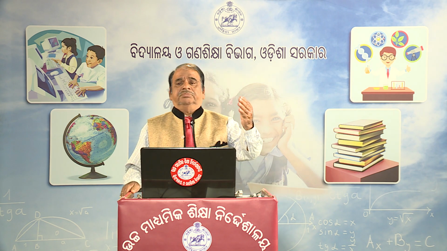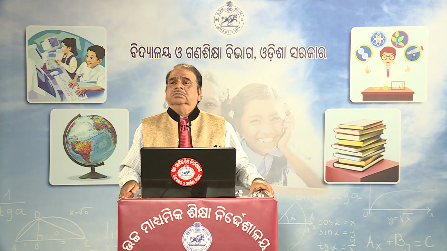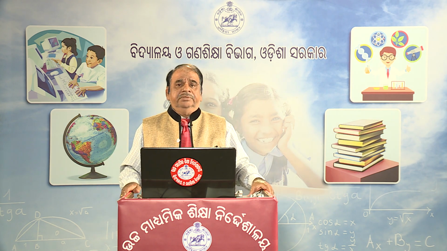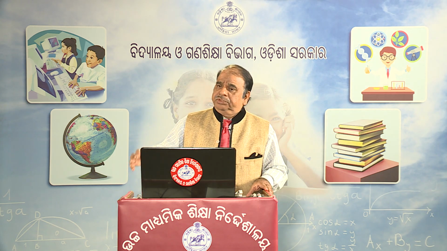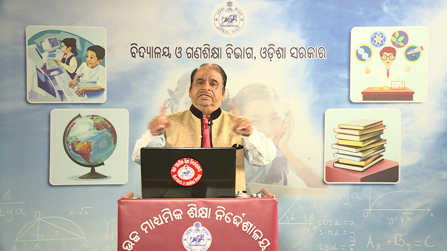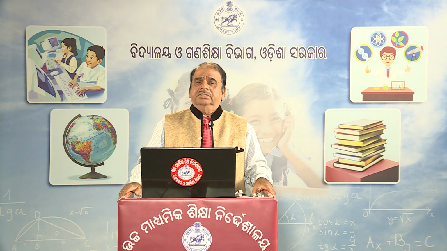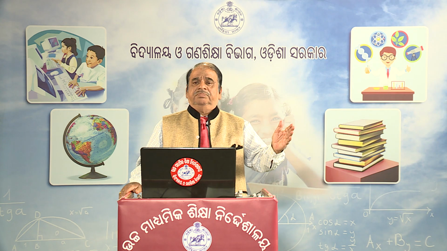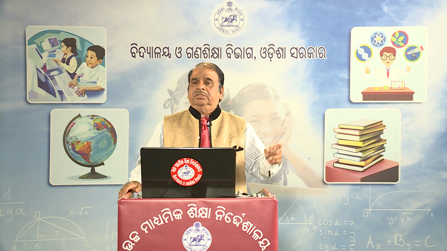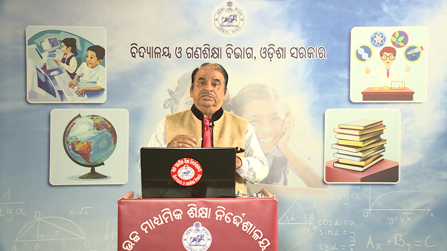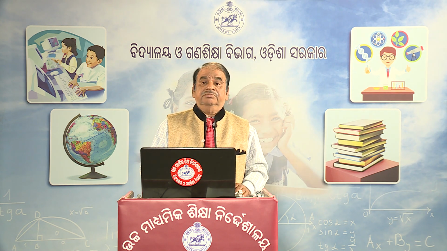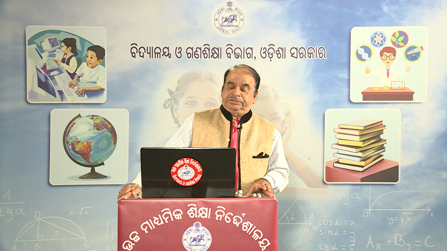Suppose we use one particular detergent powder, we get very good cleaning, and when we do not use that detergent powder, we do not get good cleaning. Then we can connect that particular detergent powder with the good cleaning of the clothes, and this is on the basis of the joint method of agreement and difference.